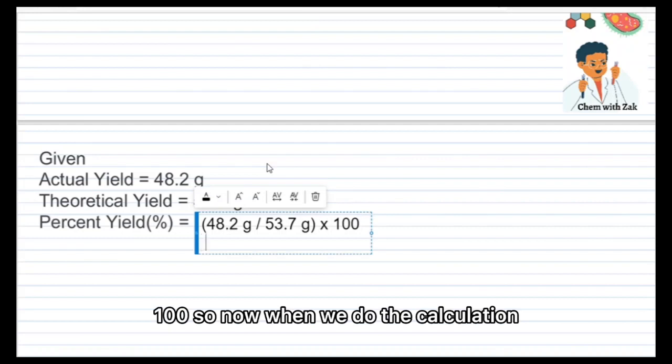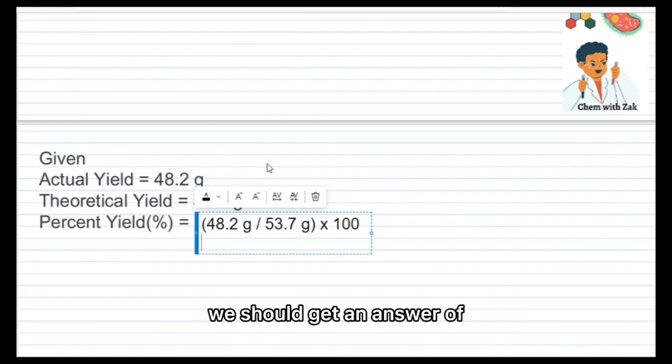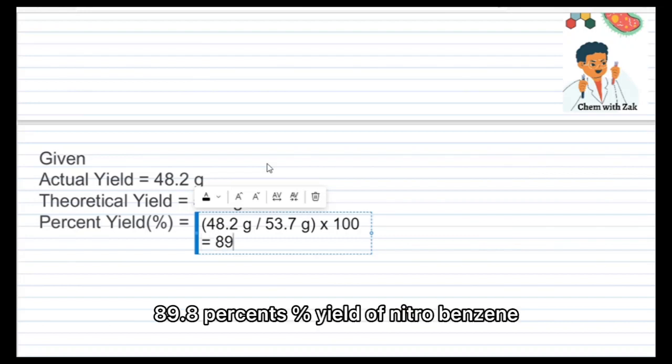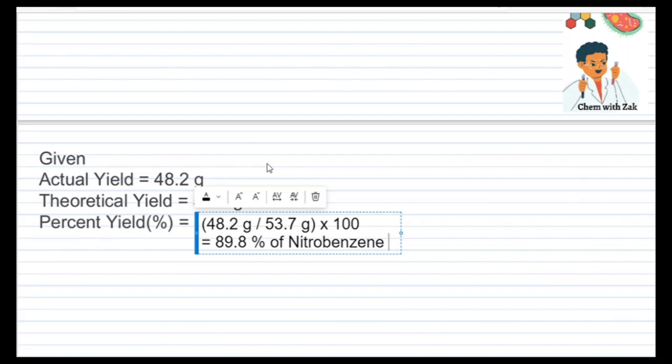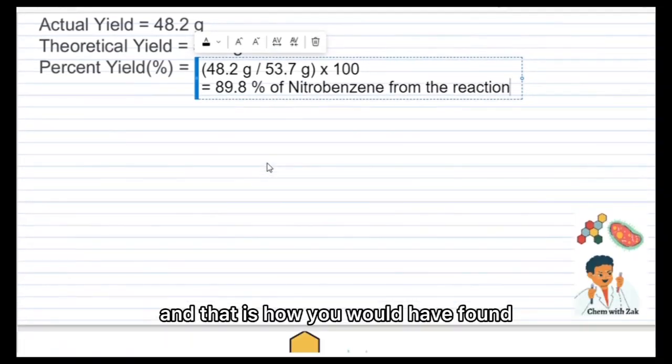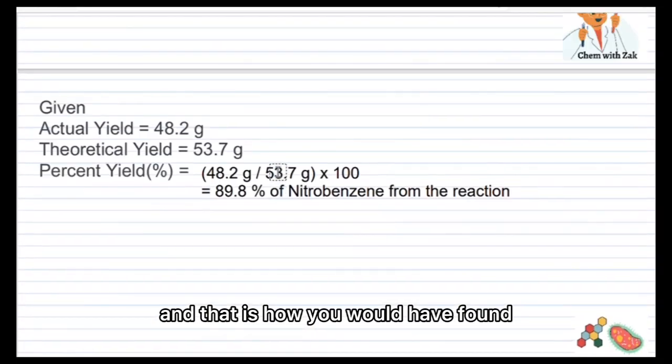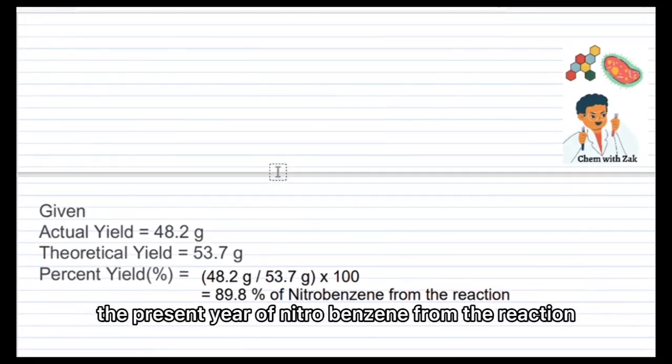When we do that calculation, we should get an answer equal to 89.8% yield of nitrobenzene from the reaction. And that is how you would have found the percent yield of nitrobenzene from the reaction.